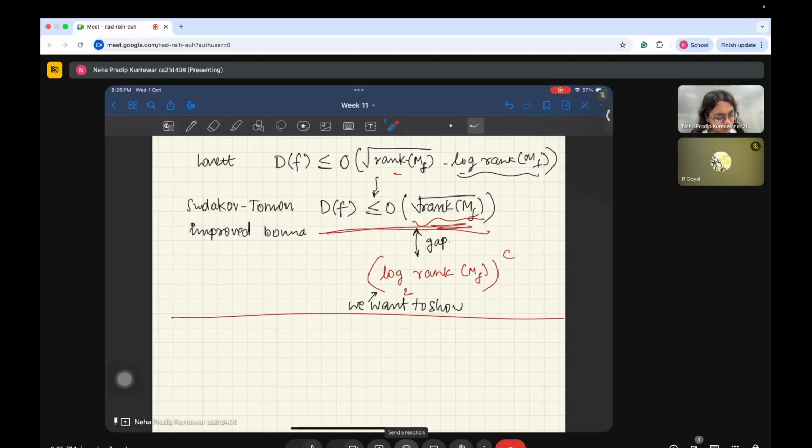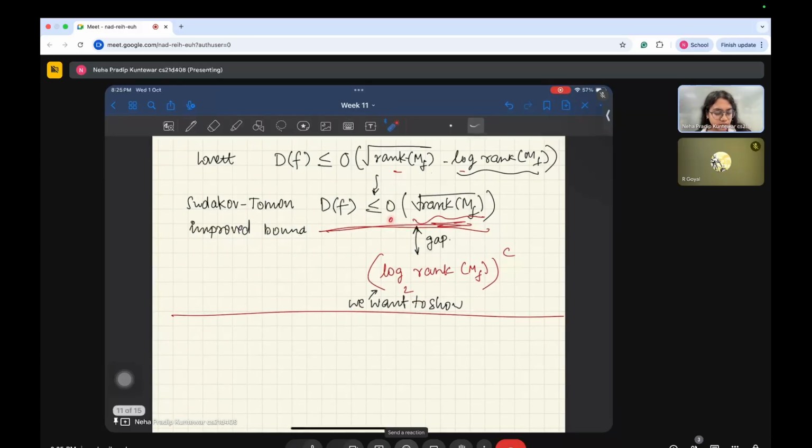All this says is that for any function f, the communication complexity of computing the value of f of x, y for any x, y, there's a protocol which uses these many communication bits and computes the value correctly. The communication may not even use the actual value of rank, but this just gives the bound on that.